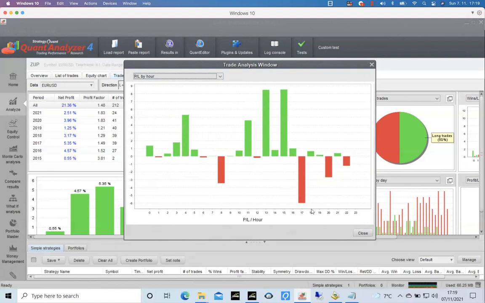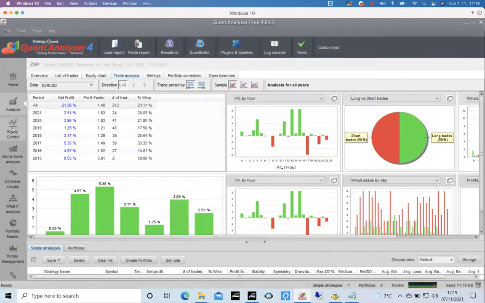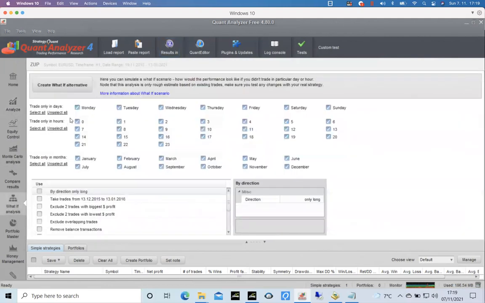At 8, we don't want 17, we don't want 20, we don't want. So 8, 17, 20, and 22. So we come to this one, and we say, okay, we don't want 8, 17, 20, and 22.